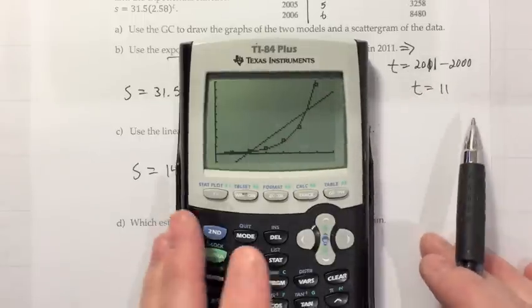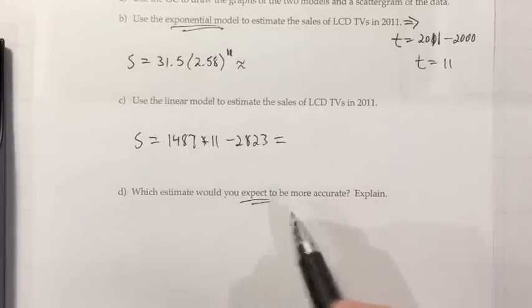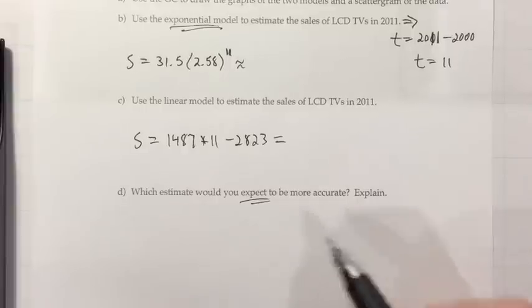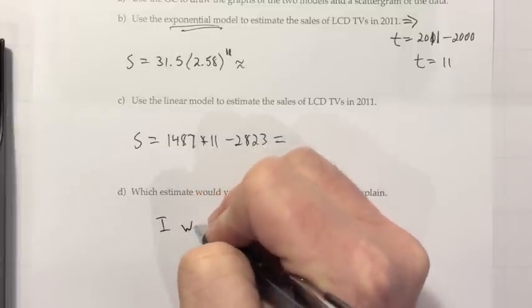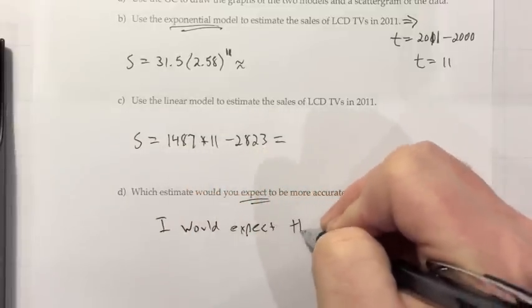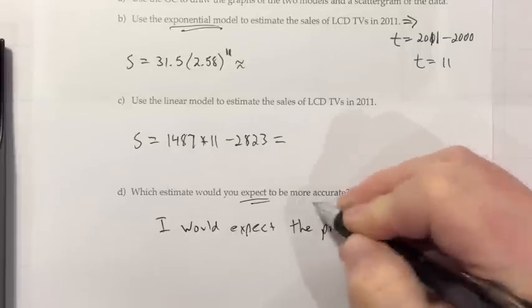So I'm going to answer this question before I even see their answers. So which would you expect? Even the word expect almost seems like before we know the answer, right? So which estimate would you expect to be more accurate? I would expect the prediction from the exponential function to be better or more accurate.